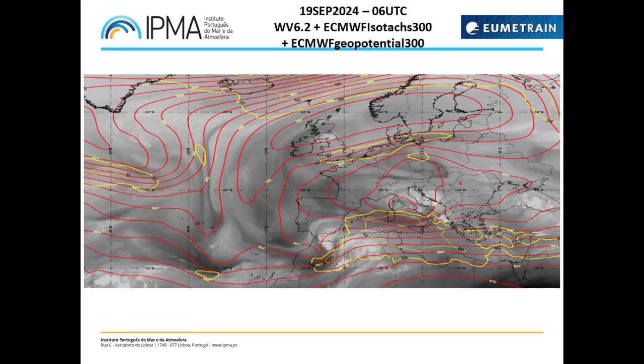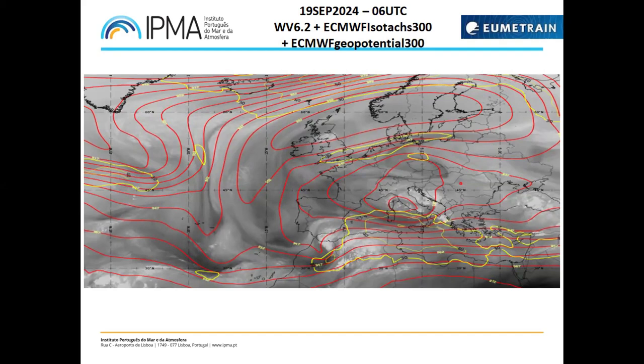We can also check dry descending stratospheric air with high potential vorticity. And we can also check possible model errors.